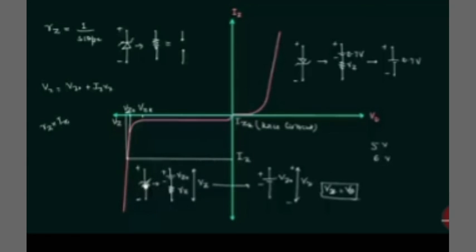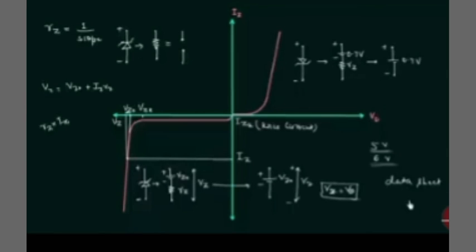We have 5 volts or 6 volts across the resistance, because you can see Vz is equal to Vz naught, a constant voltage, and we can say the Zener diode works as a voltage regulator. The power dissipation is also mentioned in the data sheet, and these two values are the most important values you must consider before any use.